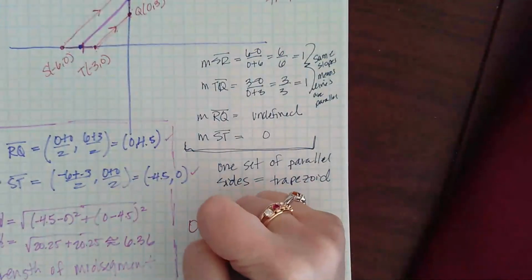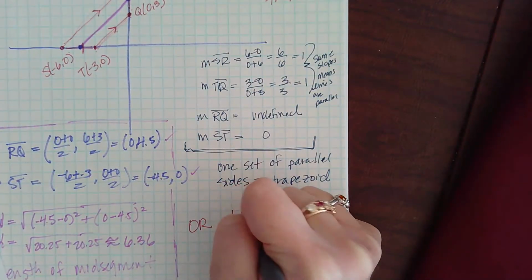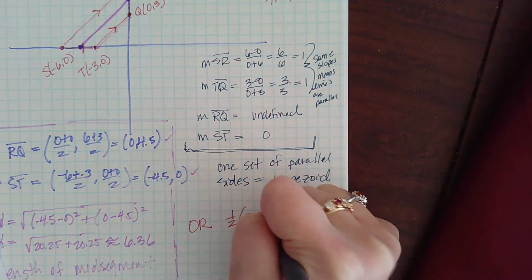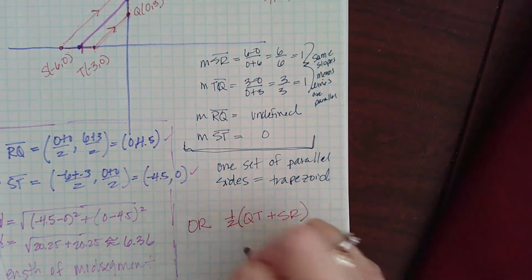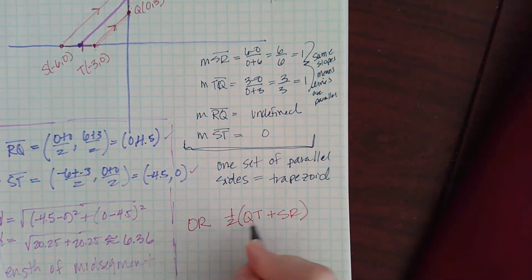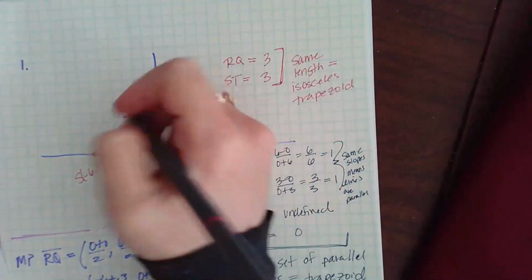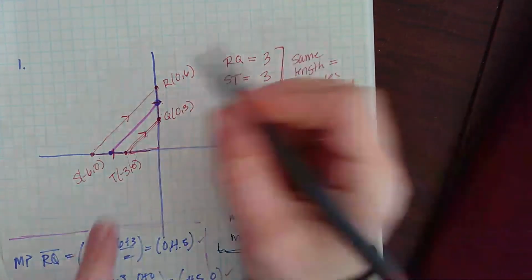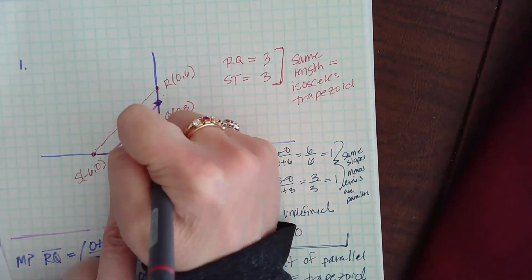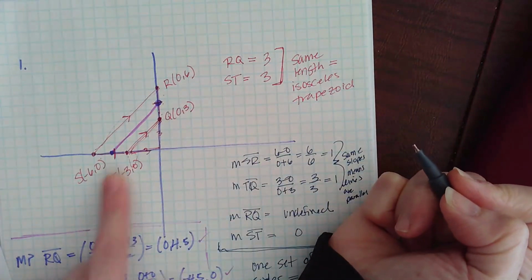So remember, our formula would be 1/2 of QT, which is the one base, plus the length of SR. In order to figure that out, we would have to figure out the distance of Q to T. You can use the Pythagorean theorem here if you wanted, or you could use the distance formula. But I'm just going to use the Pythagorean theorem since I used the distance formula for the other one.